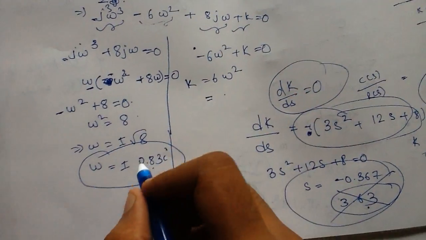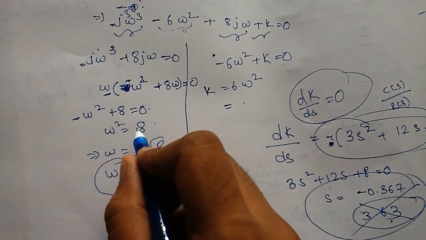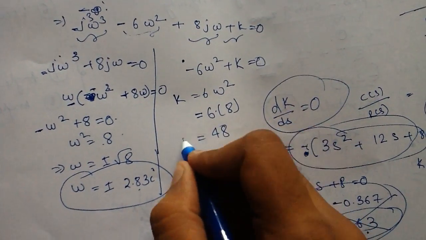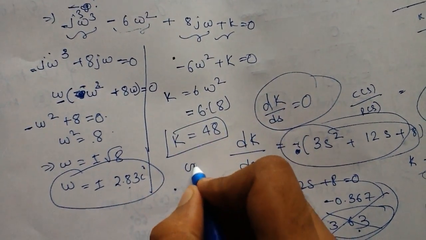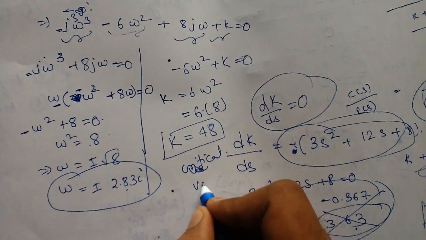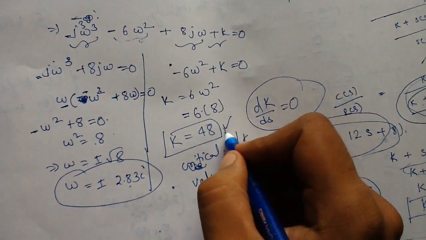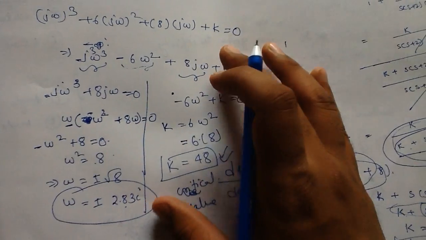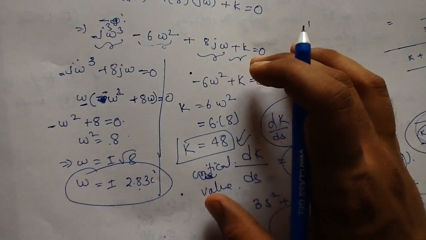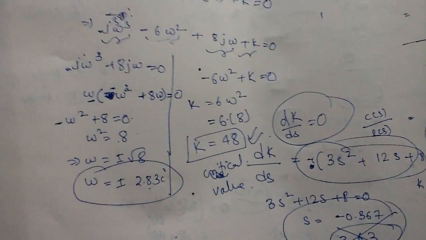I have omega square is equal to 8, so 6 into 8. So k's critical value is 48. This, however, we are not going to use in our construction of the root locus.